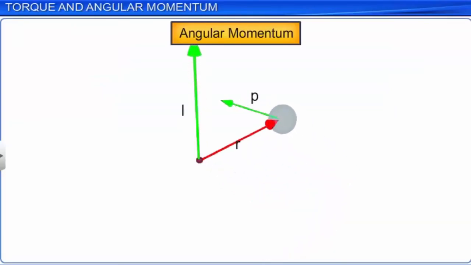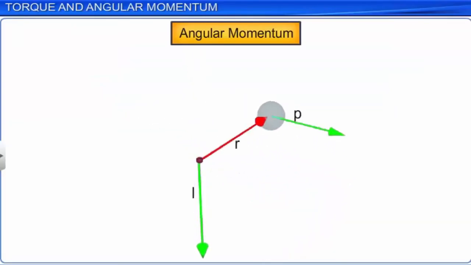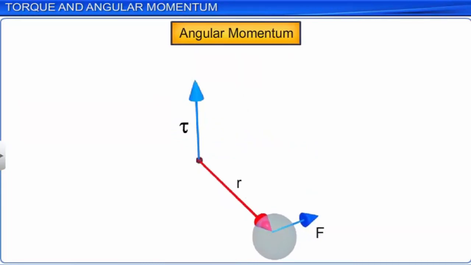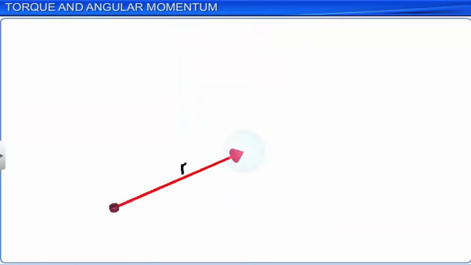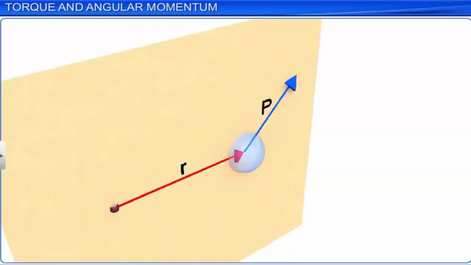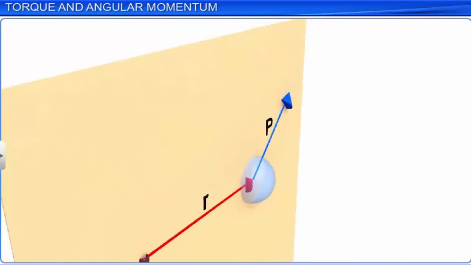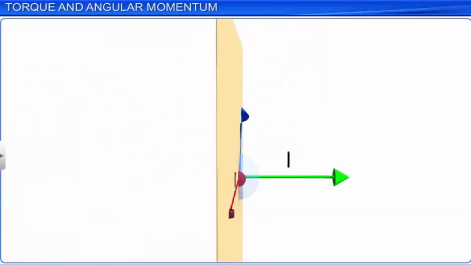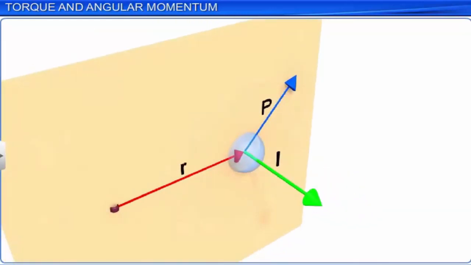Now, let us study angular momentum. If r represents the position vector of a particle of mass m and linear momentum p, then the angular momentum of the particle about the origin is defined as the cross product of r and p.